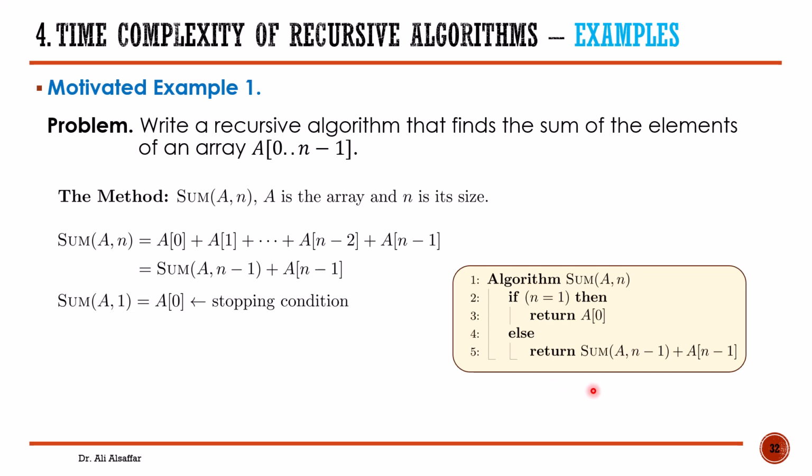The implementation of the algorithm first is the stopping condition. When the value of n is equal to 1, we have only a single element of the array. The algorithm retains A0. Otherwise, the algorithm calls itself recursively by calling itself with a size of n minus 1 plus the last element that is at index n minus 1.